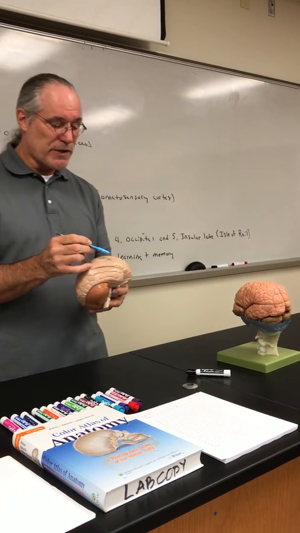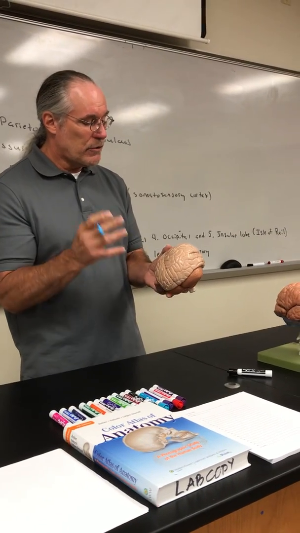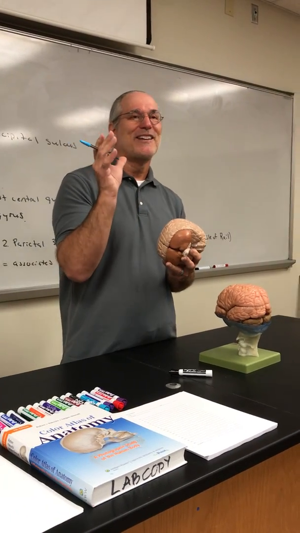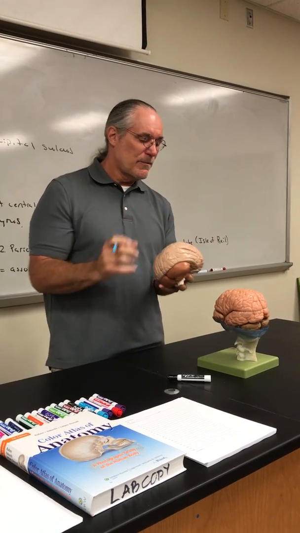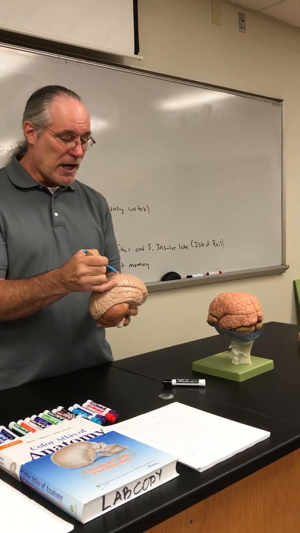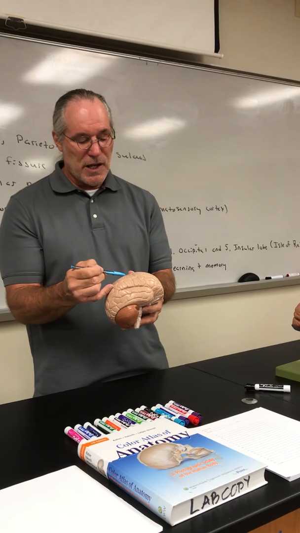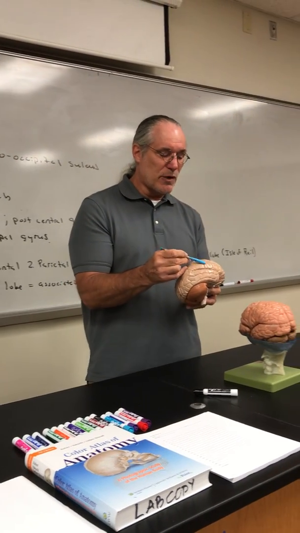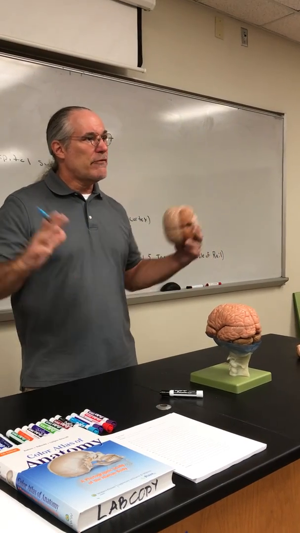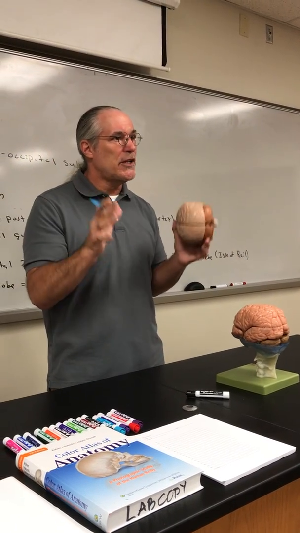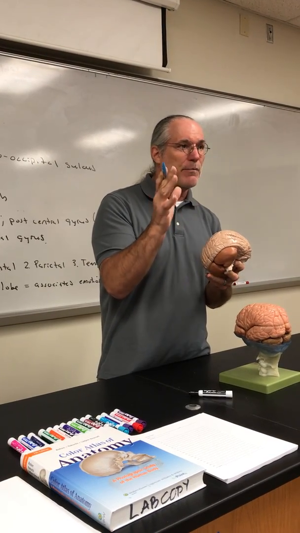So that's the precentral gyrus, also known as your motor cortex. This is where the motor signals to all of your muscles are going to originate. Okay, and then behind the central sulcus, we're going to have the postcentral gyrus, which is also known as the somatosensory cortex, because this is where we're going to have afferent information from all sensories coming into the thalamus, and the thalamus is going to direct a lot of the somatic portions of them.